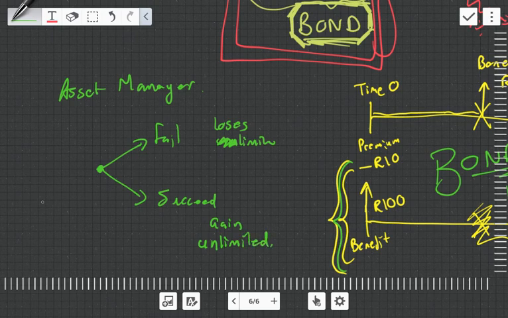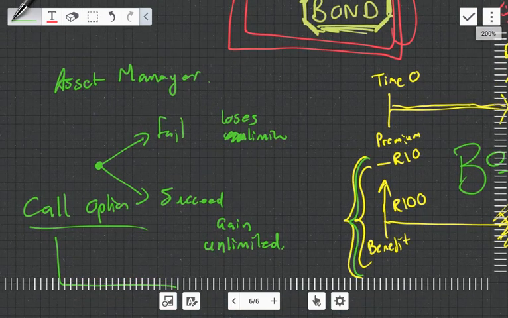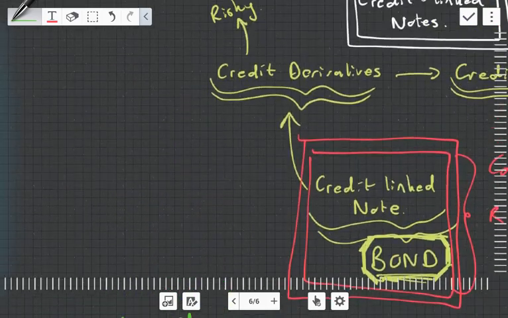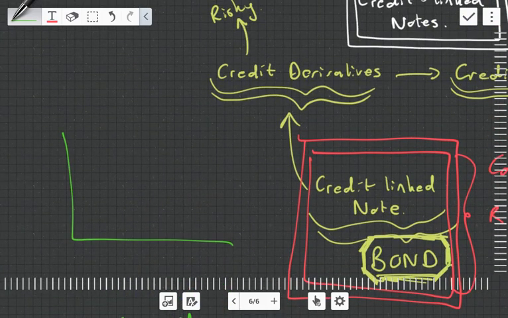It's almost like buying a call option. Call option, remember, I'm running out of space here. Let me put it over here. A call option is that you've got minimum downside risk, but then all upside. And this is what it is with asset managers.